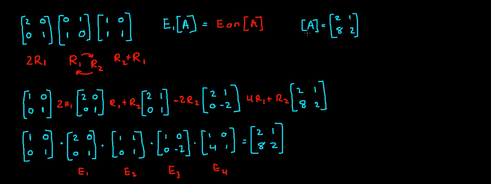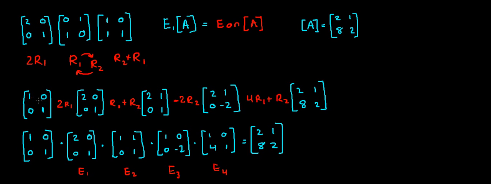Take matrix A to be 2, 1, 8, 2. Starting from an identity matrix, we can get to matrix A, 2, 1, 8, 2, by performing a series of operations.